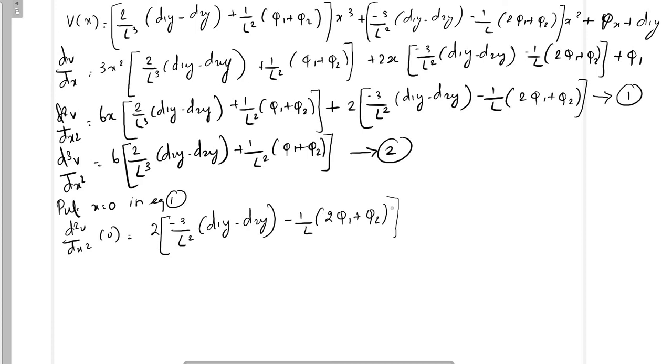So I am going to separate each term. Take 1/L³ outside. We have to multiply with L because only L² is available.